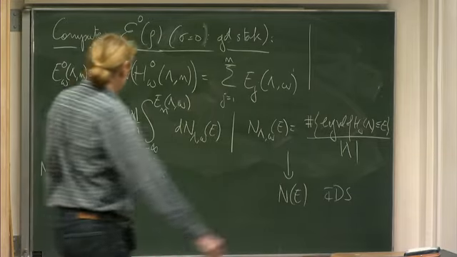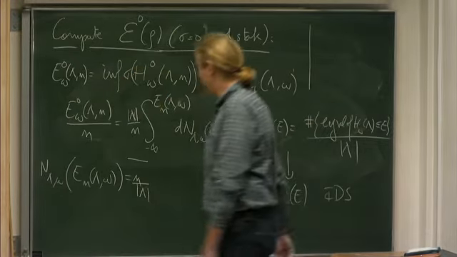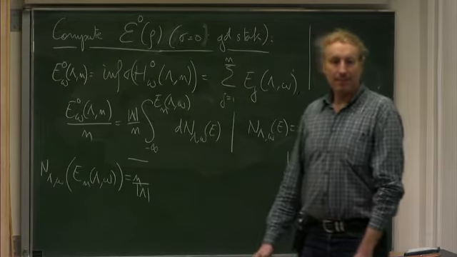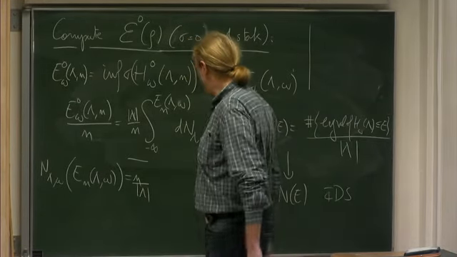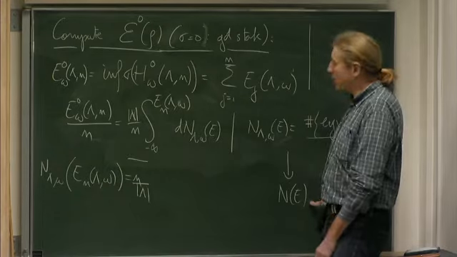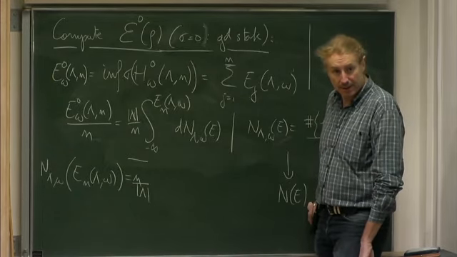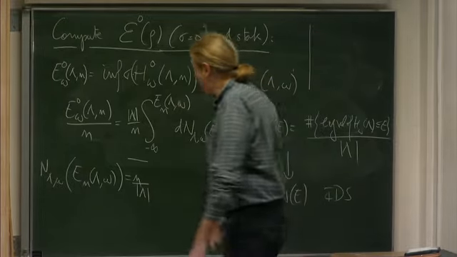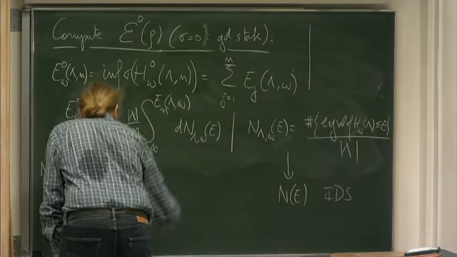If you divide, n divided by lambda, because of uniform convergence and because this function is non-decreasing, if you go to the limit formally you get N(E_rho) equal to rho.